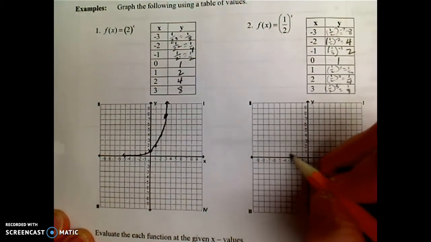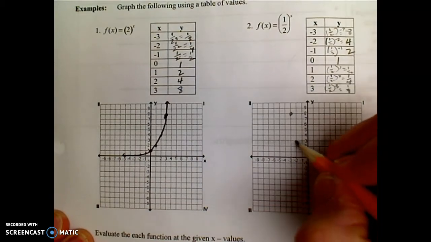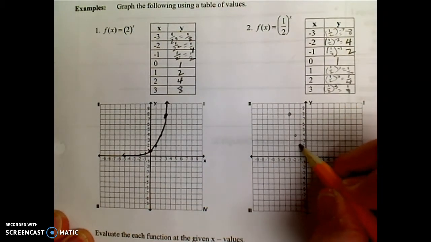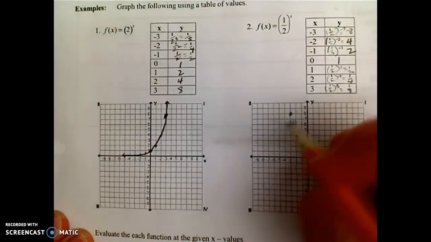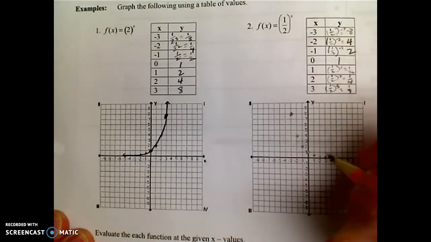So look what happens to this graph. At negative 3, it equals 8. At negative 2, it has a value of 4. At negative 1, a value of 2. Then 0, 1, 1/2, 1/4, 1/8.